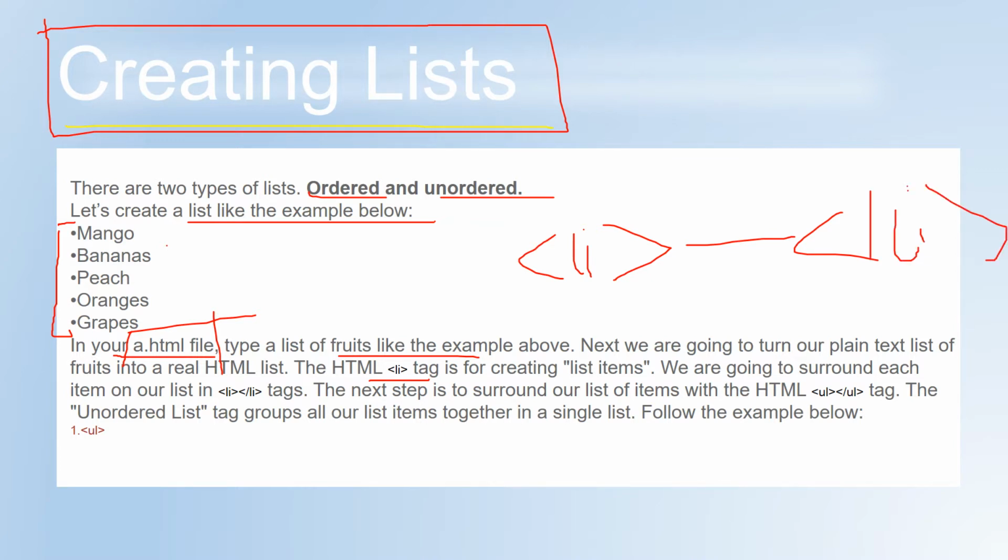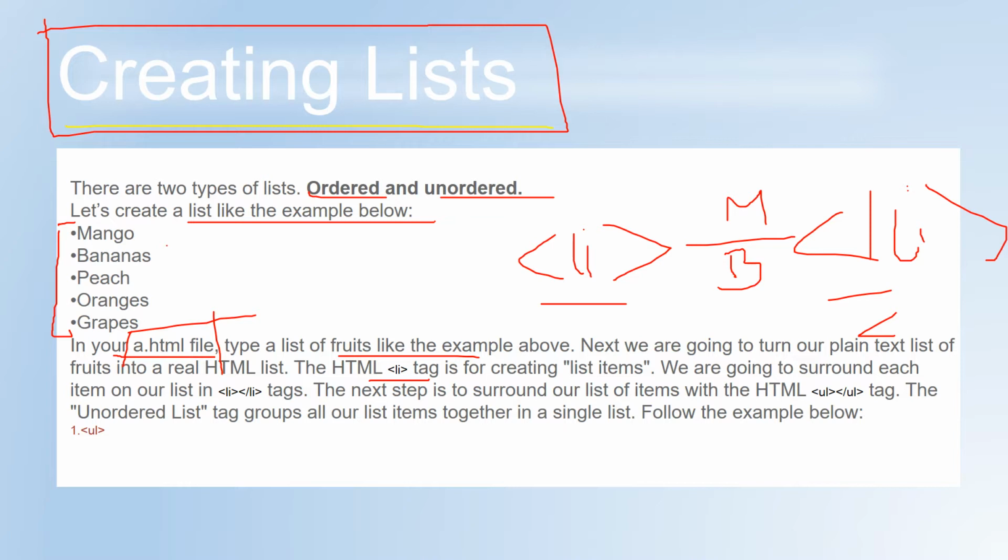You remember? We keep doing it for 5 fruits: mango, then bananas, then peach, oranges, and grapes. Then you finish the whole thing like this, save it, and you'll see the list. Since this is a list in order, we use the ordered list tag.